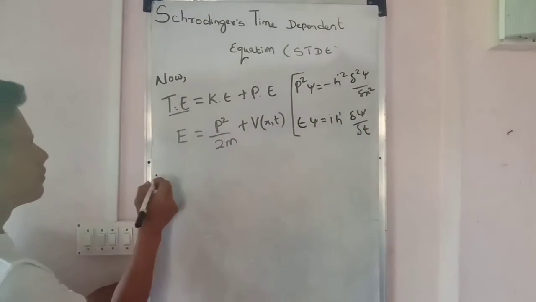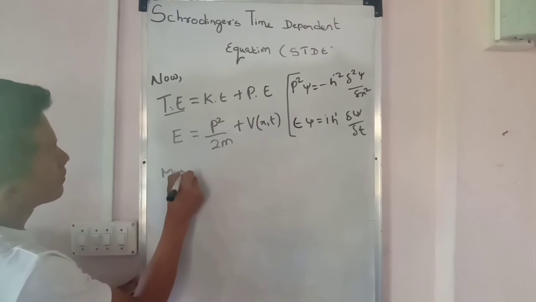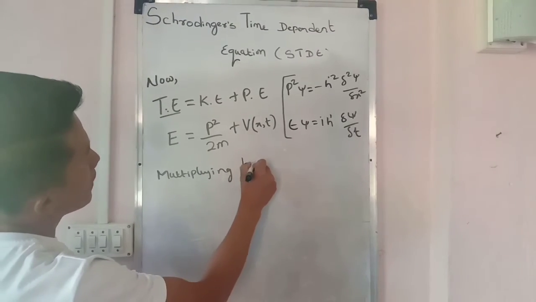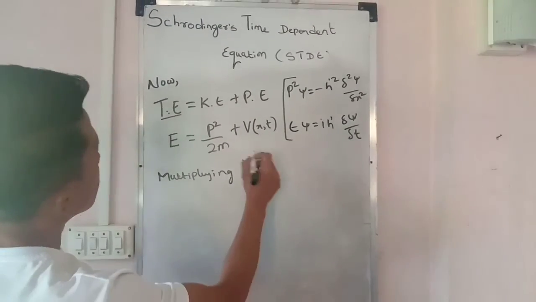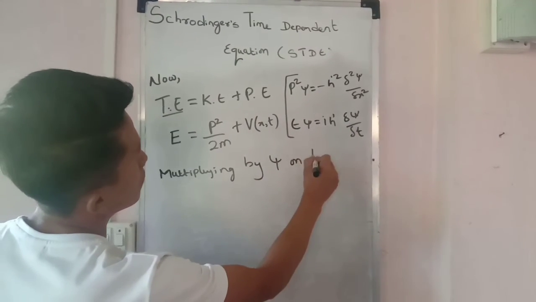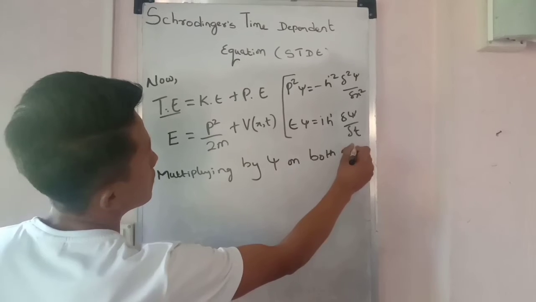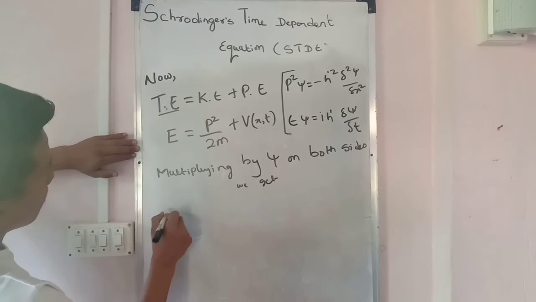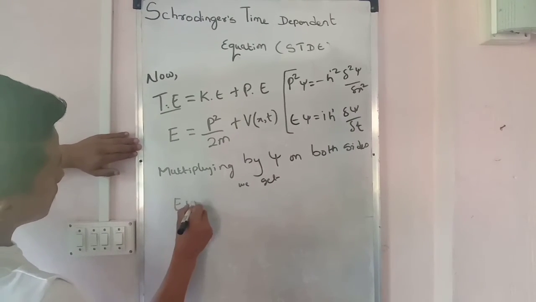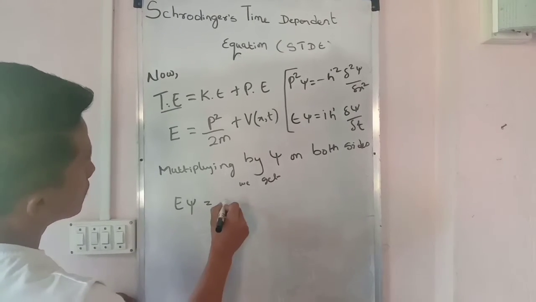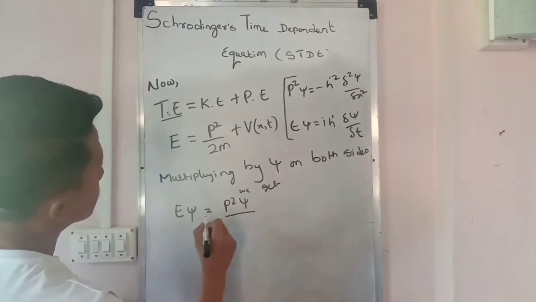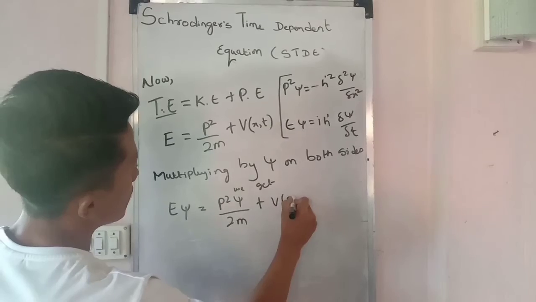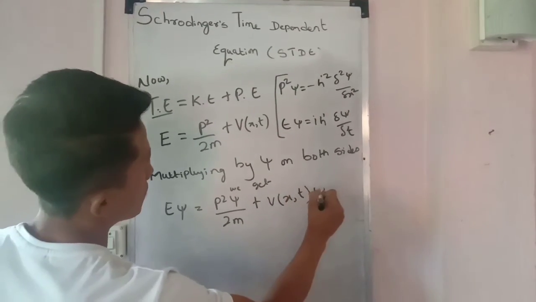Further, multiplying by psi on both sides, we get E psi equals p square psi by 2m plus V(x,t) psi.